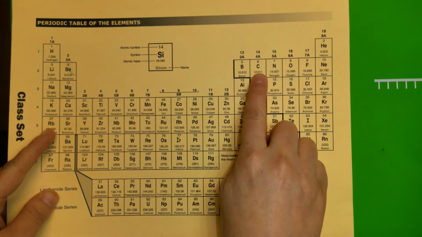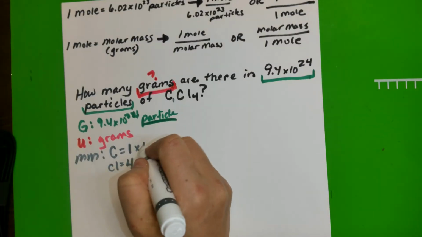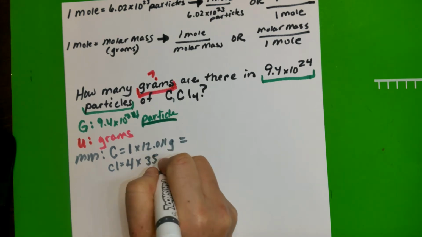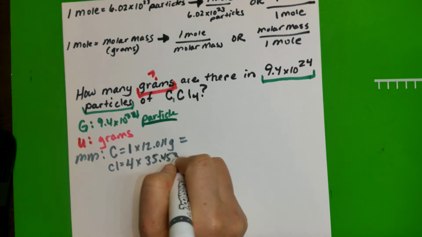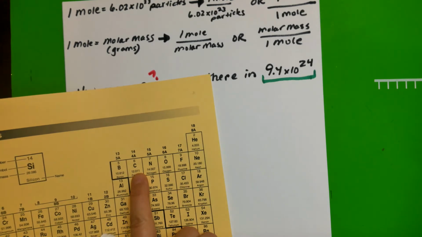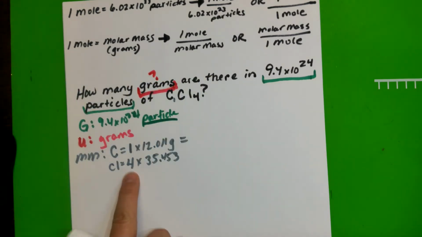Carbon is right here, 12.011 grams. And then chlorine is right here, 35.453. So each chlorine has this much, and each carbon has this much. Carbon only has one of them though, but chlorine has four.